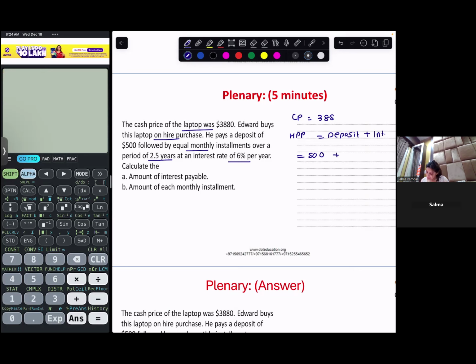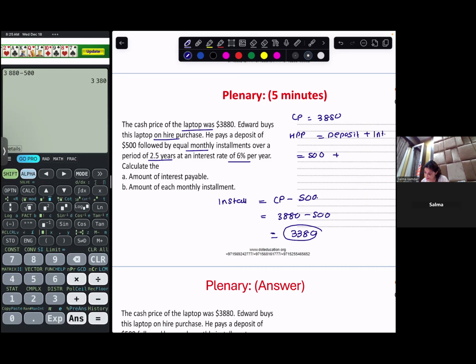So my installment would be the cash price minus the deposit amount. Cash price minus the deposit amount, that is 3880 minus 500. So my installment would be 3380.